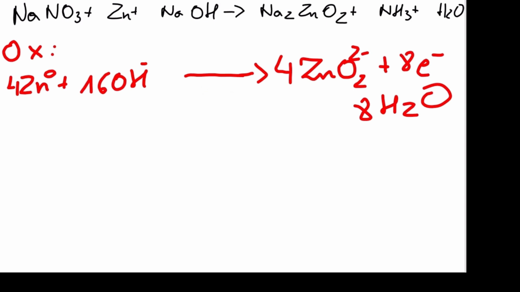Okay, 4 atoms of metallic zinc, 16 anions of hydroxide group, and we obtain 4 zincate anions, sorry, 8 electrons which could be given to the nitrate anion, and 8 particles of water.